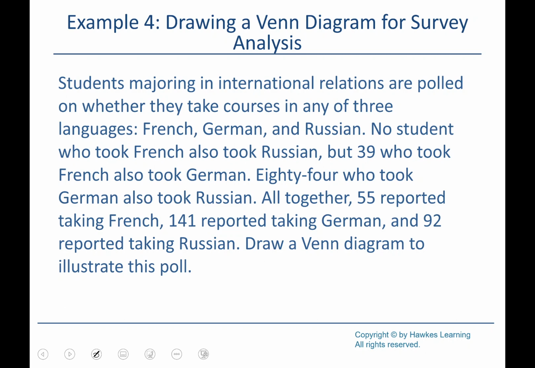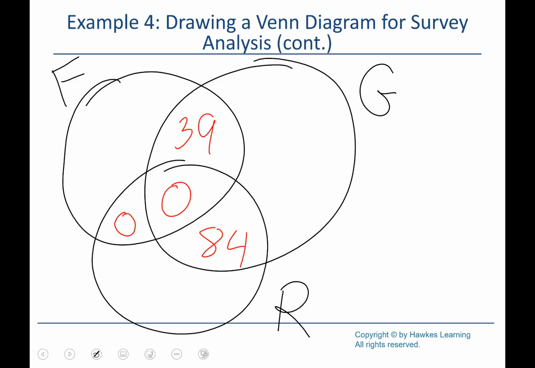So that means we've got a total of 55 people in the French circle. To get our outer portion, we just subtract. We had to subtract these other 3 numbers. It's easy for us because we've got 2 zeros. And 55 minus 39 will give us our other number. So what is that, 16?